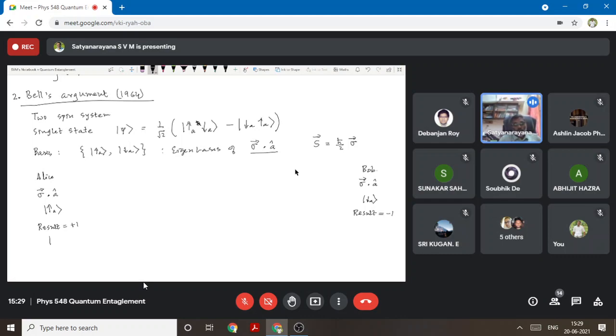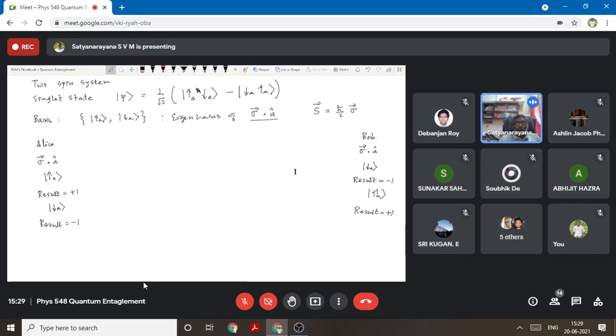Or if this guy gets down A, then this guy will get up A. The result in this case is minus 1 and the result in this case is plus 1. Now this will always happen.